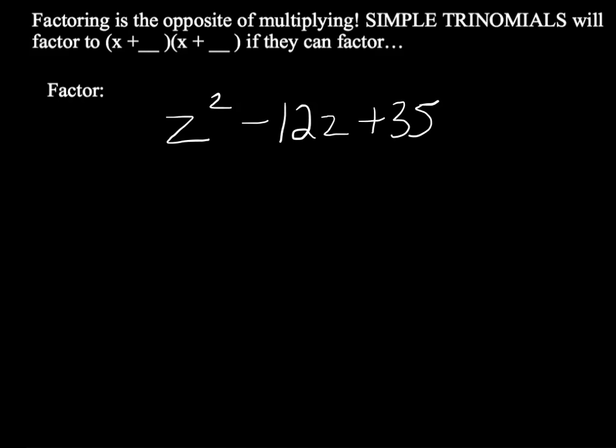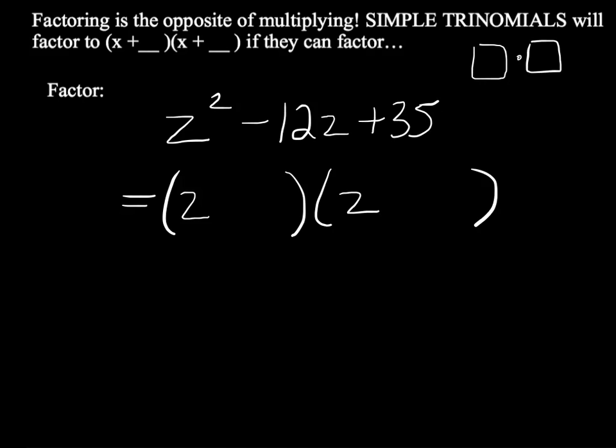Okay, welcome back. Here we go. This is z and a number and z and a number because it's a simple trinomial. The two numbers must multiply to give me 35. So I'll write a couple boxes here to remind myself. They multiply to be 35, and when they add together, they will give me negative 12. Okay, negative 12 and 35. Let's see.